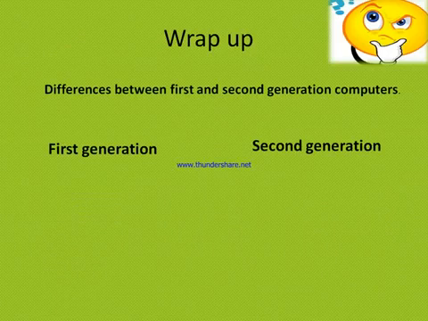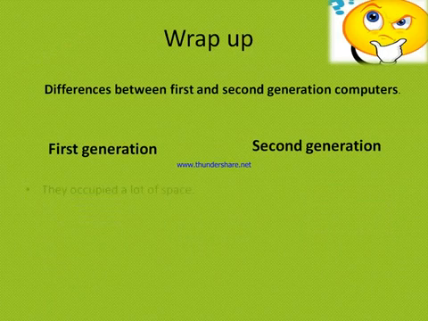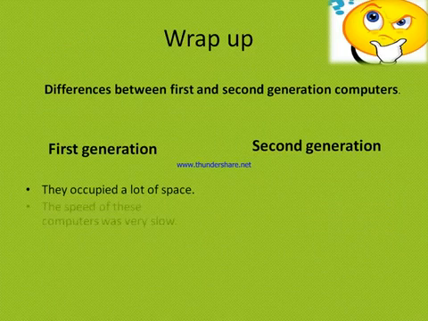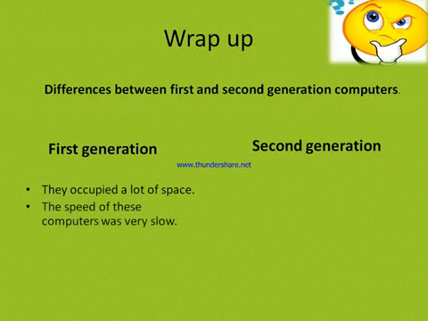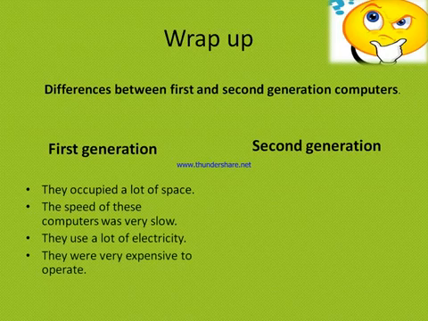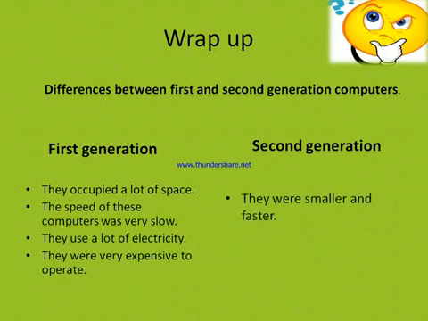Now let's have a quick recap of today's lesson. The first generation computers occupied a lot of space. The speed of these computers was very slow. They use a lot of electricity. They were very expensive to operate. Second generation computers were smaller and faster. They were cheaper.